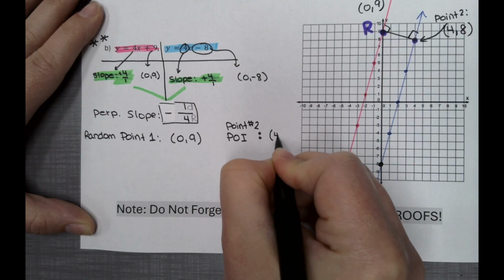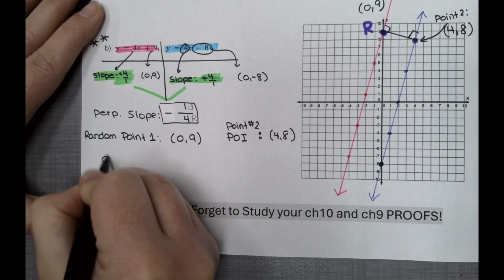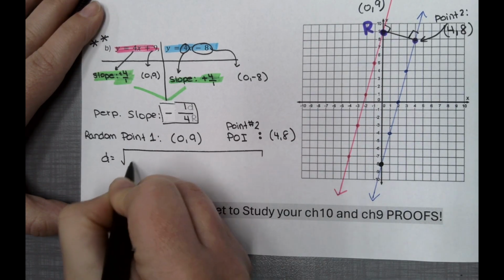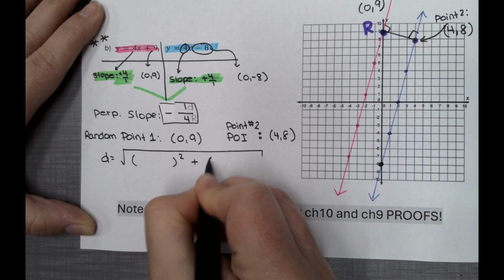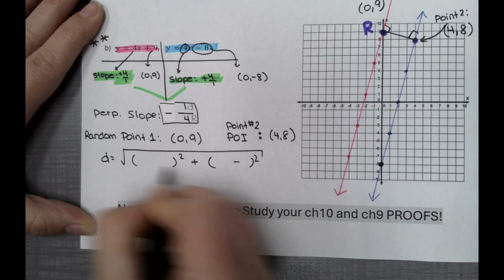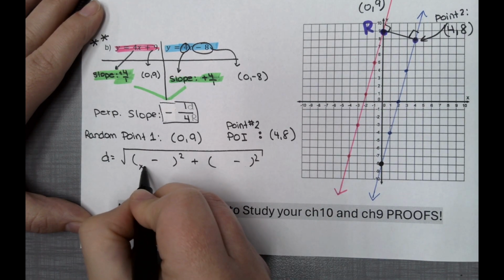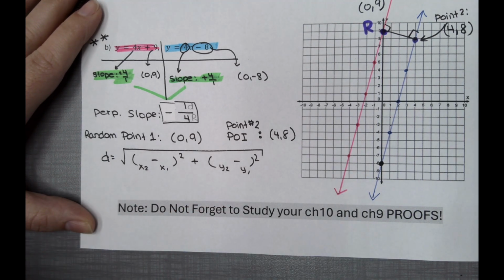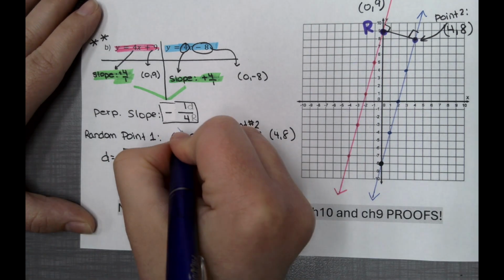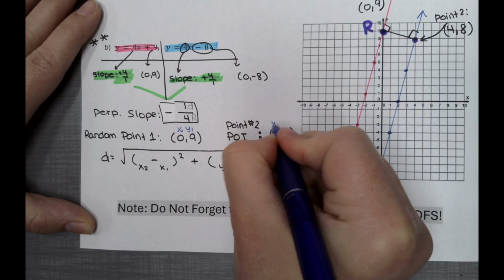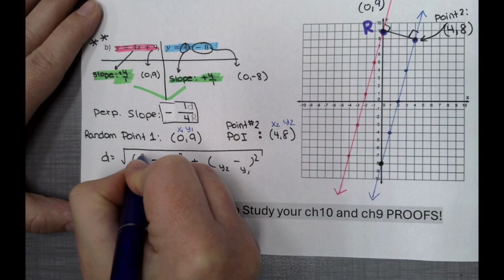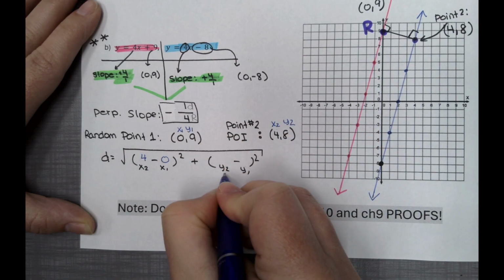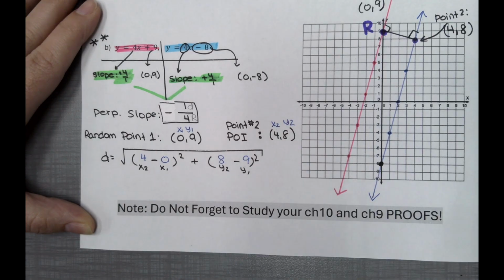And that was at 4, 8. Let's write our distance formula. Hopefully by now you have this memorized. And let's plug in our values. So this is x1, y1, x2, y2. So we get 4, 0, 8, and 9.